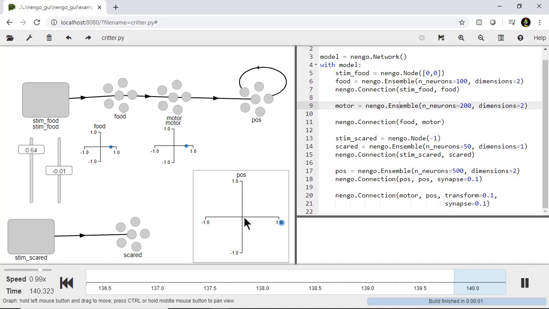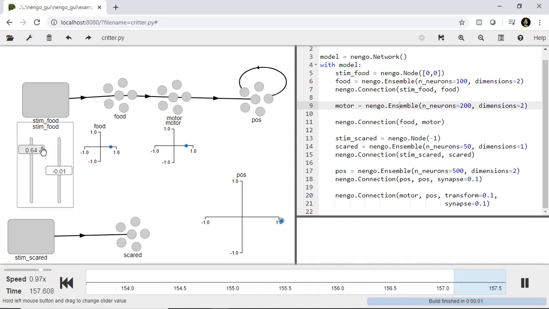That re-representation pulling it back to stay within the unit circle is going to push things over to this direction.